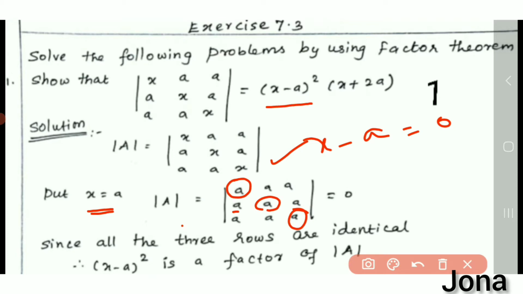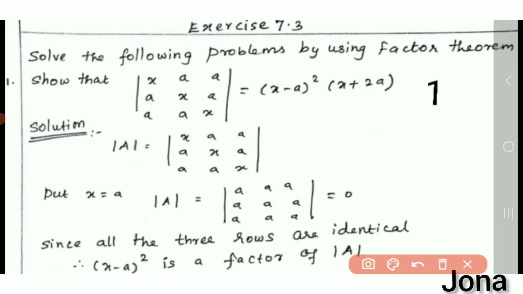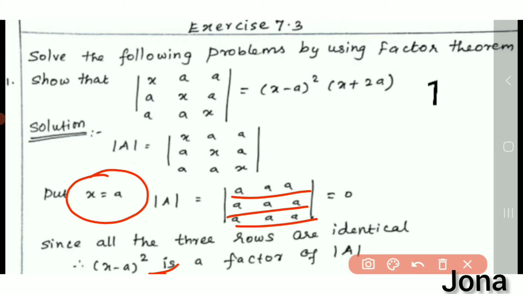Here we can see 3 rows or 3 columns are identical, isn't it? So if 3 rows or 3 columns are identical, we can say that is the factor. That means we substituted x equal to a, so here we can say (x minus a) the whole square is a factor of determinant delta.